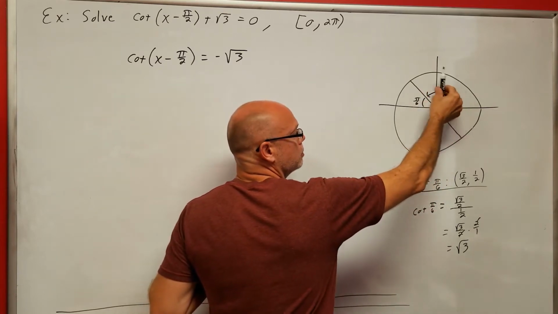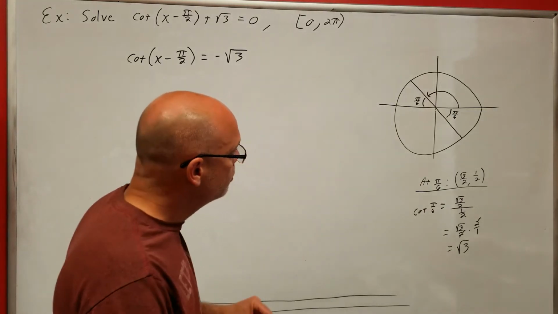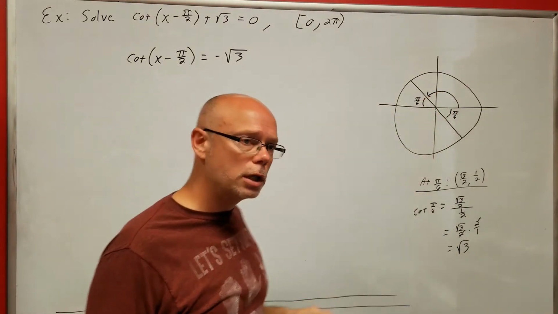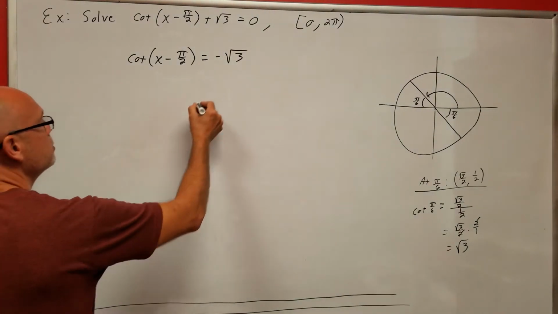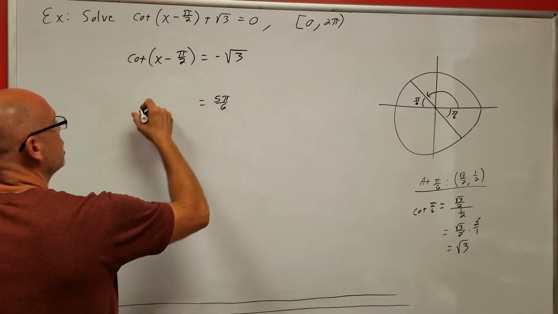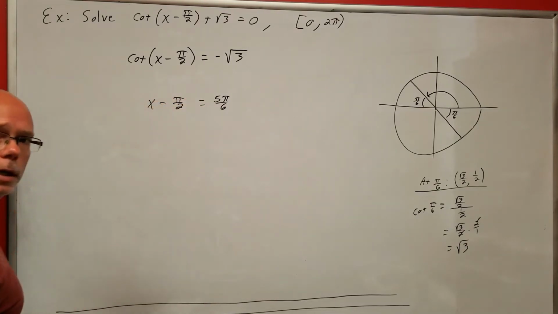It is what? Pi, back off pi over 6, right? Or pi minus pi over 6, which gives me what? 5 pi over 6? So I take the argument, which is x minus pi over 2, set it equal to 5 pi over 6.